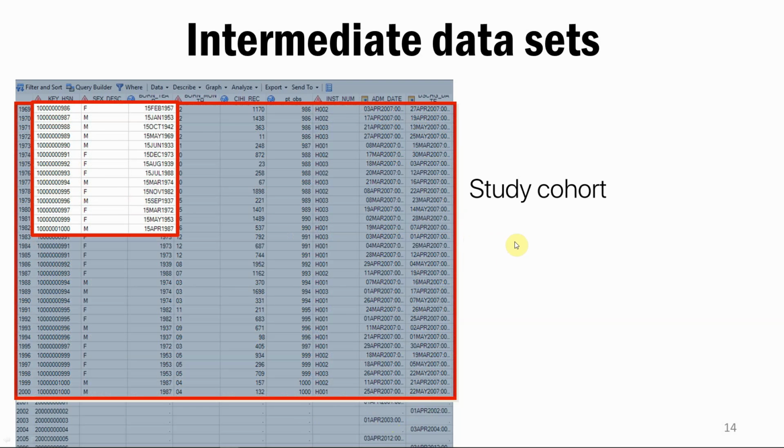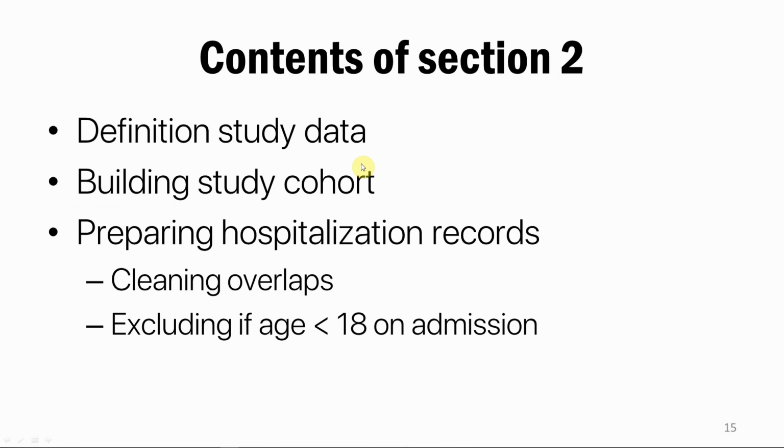So basically, these are the contents that we're going to cover in section 2 of the tutorial. Again, we're going to define the study data and build a study cohort. And then if we have time, we're going to prepare the hospitalization records and apply some conditions, like cleaning the overlap.